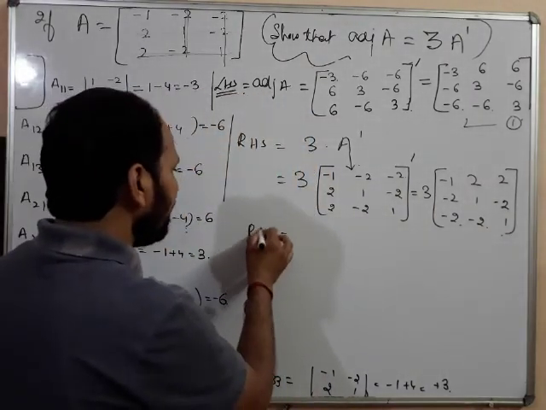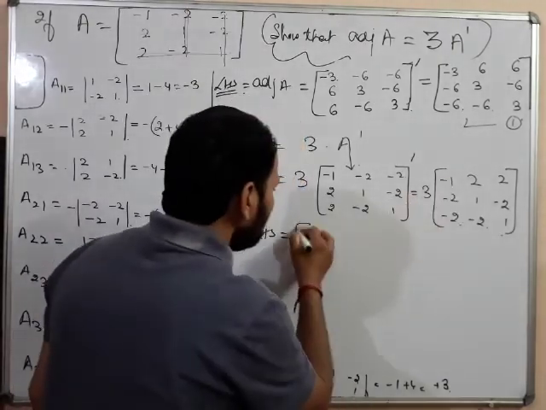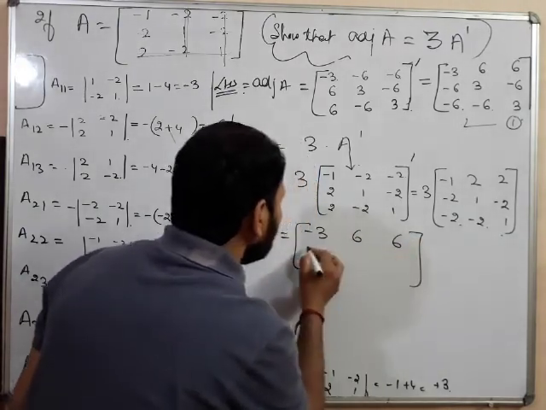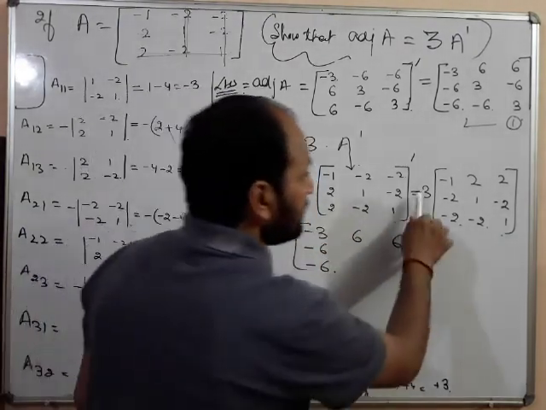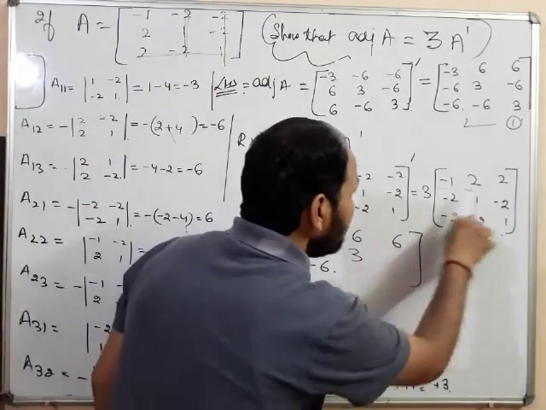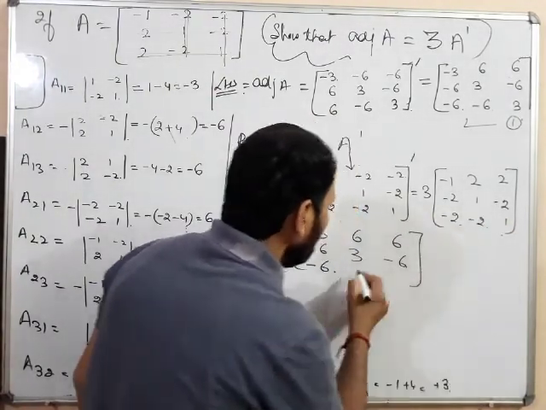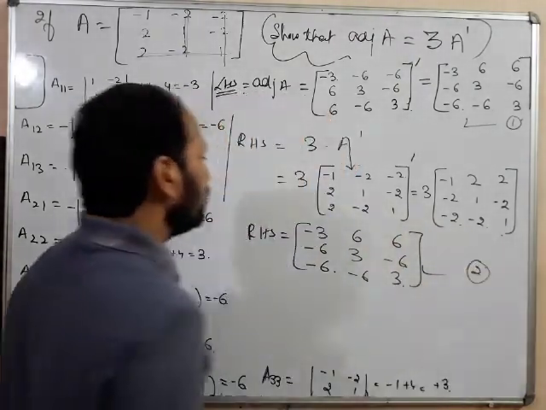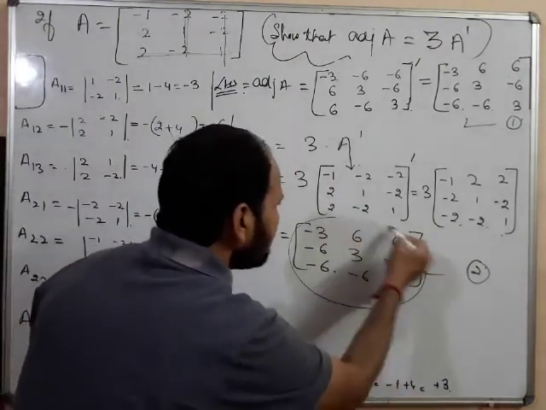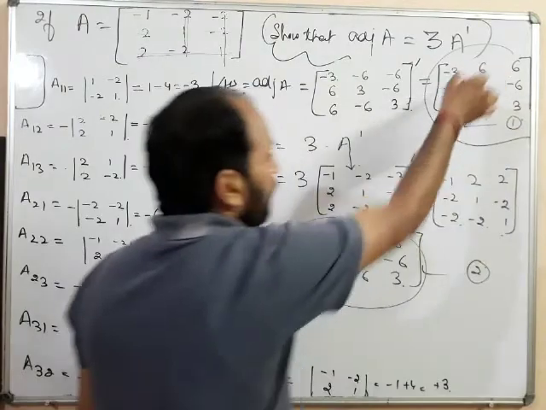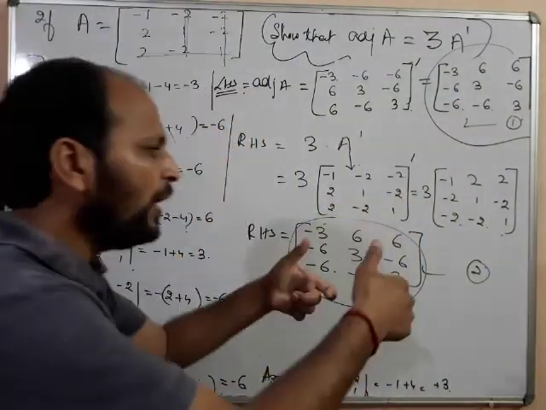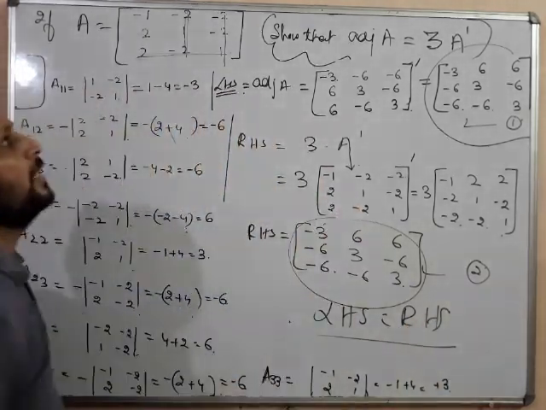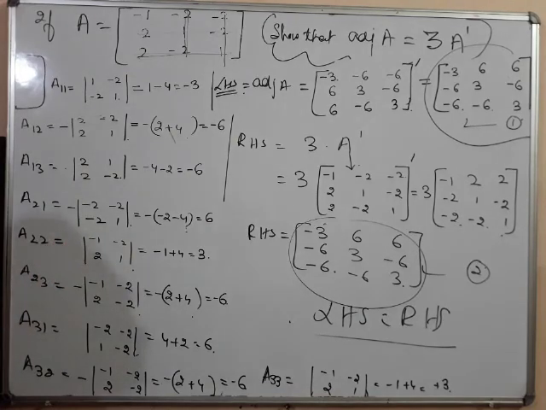So the right hand side will be 3 into this, minus 3, 6, 6, minus 6, minus 6. 3 1 is 3, 3 2 is this, minus 6 and this 3. That is the condition number 2. So I think this matrix and this result both are the same. So we can say left hand side is equal to right hand side. That is the complete solution of the question.